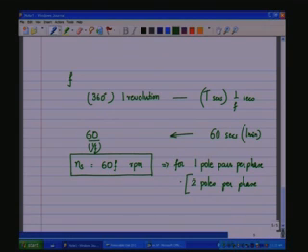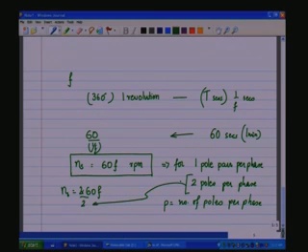If it is two poles, then let us say P is the number of poles per phase. Then Ns will be 60 into f into 2 by 2. This should be for two poles, so that you still have the same result.